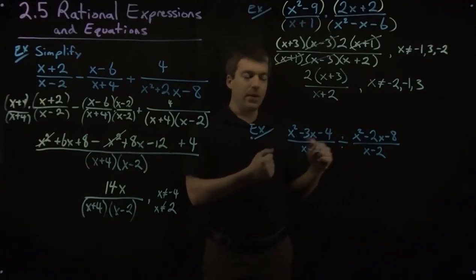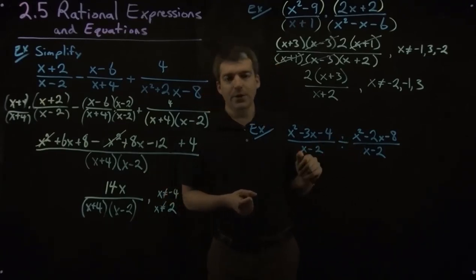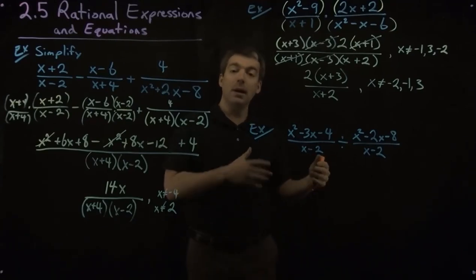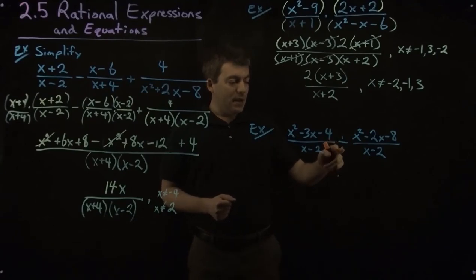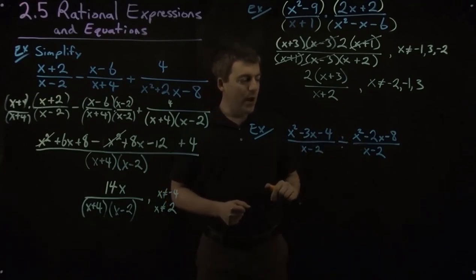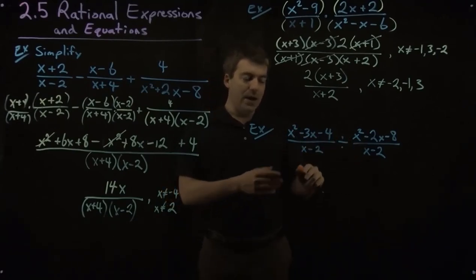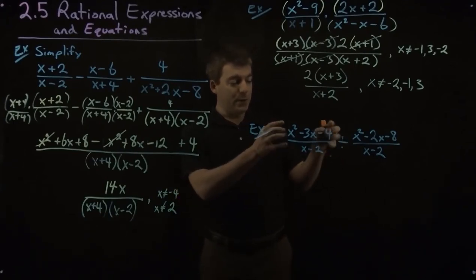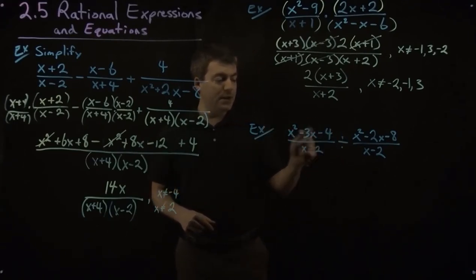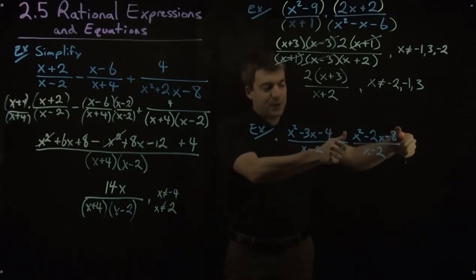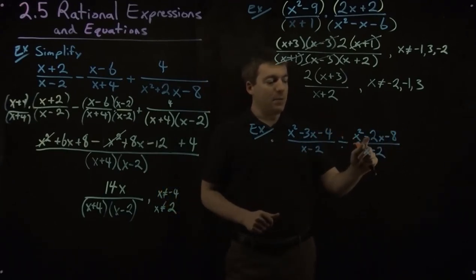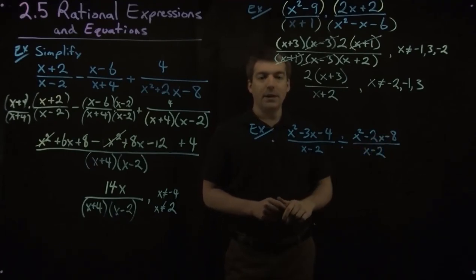Okay, division, very similar. To divide fractions, we know that means to multiply by the reciprocal. So we want to immediately take this division of 2 rational expressions and write it as a product. So it will be this one, this x squared minus 3x minus 4 over x minus 2 times the reciprocal of x squared minus 2x minus 8 over x minus 2.